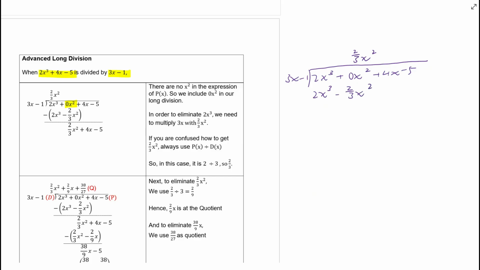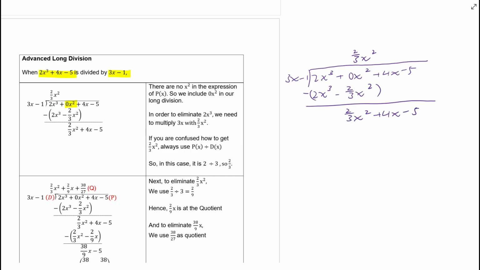Not forgetting negative sign and brackets. Okay, now your first section is done. You find your remainder. You end up with 2/3 x squared. Bring down the rest of your terms from your original polynomial. 4x minus 5. Now your second section, you need to eliminate 2/3 x squared.